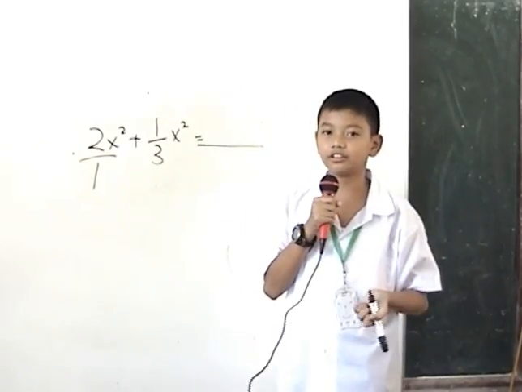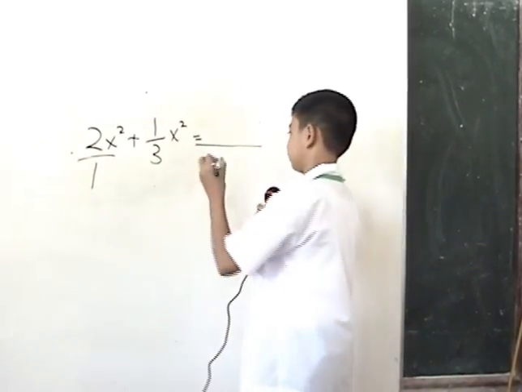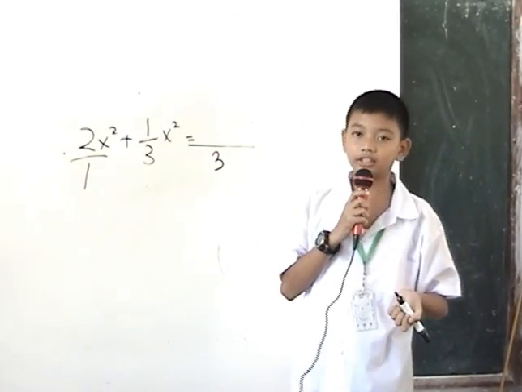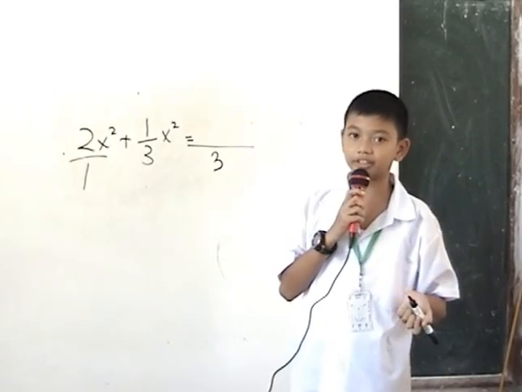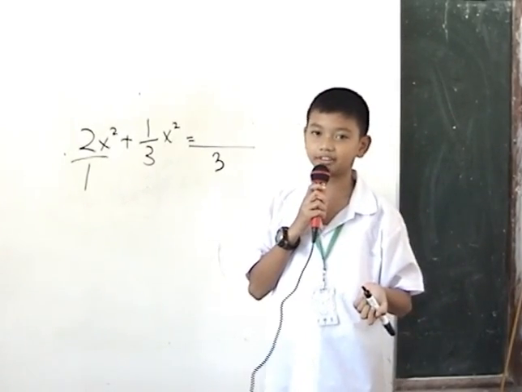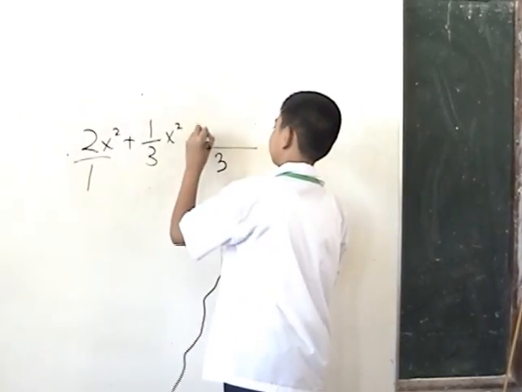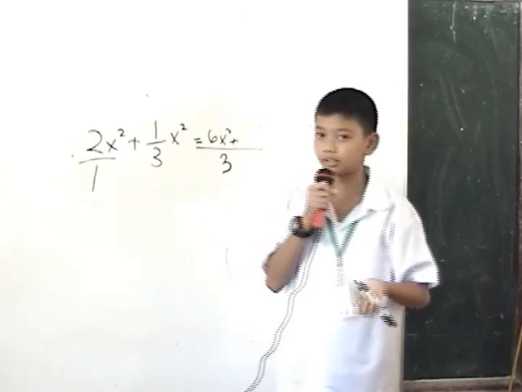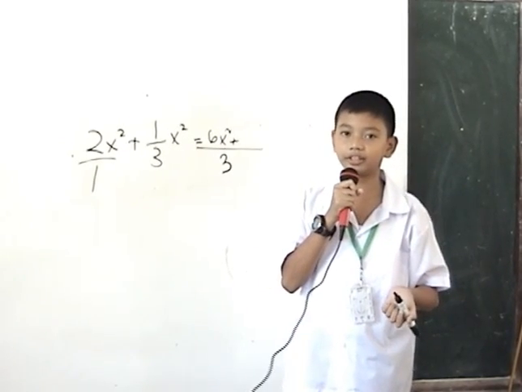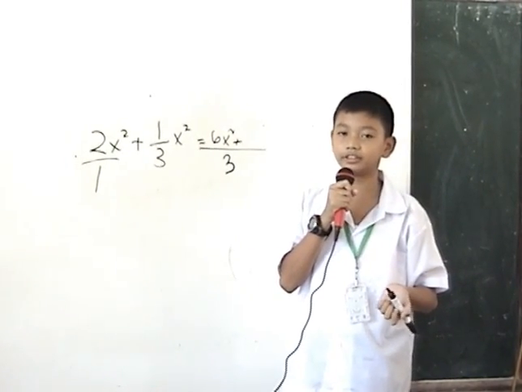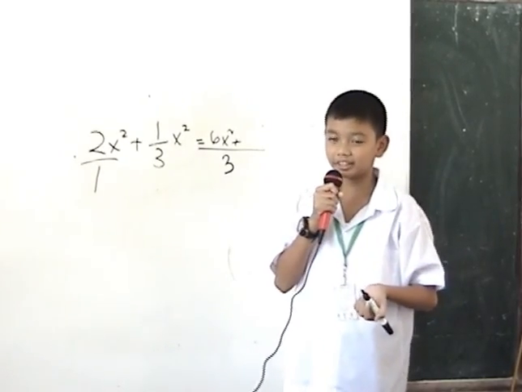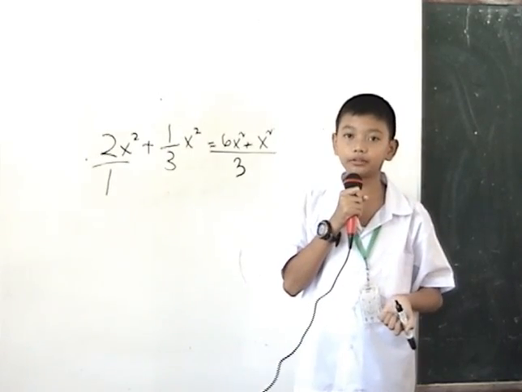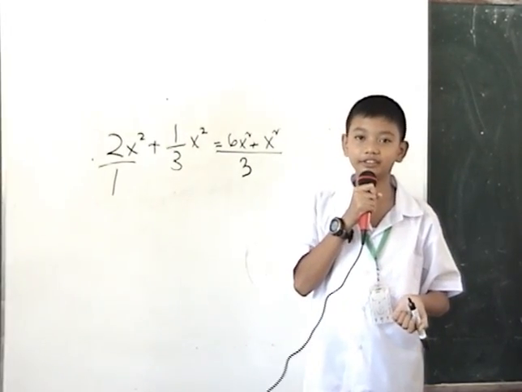The LCD of 3 and 1 is 3. 3 divided by 1 is 3 times 2x squared equals 6x squared. Plus 3 divided by 3 is 1 times 1x squared equals 1x squared. We don't need to write 1 because x squared is understood as 1.